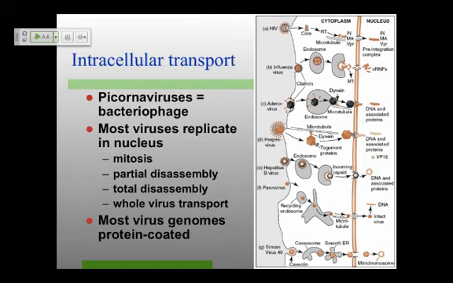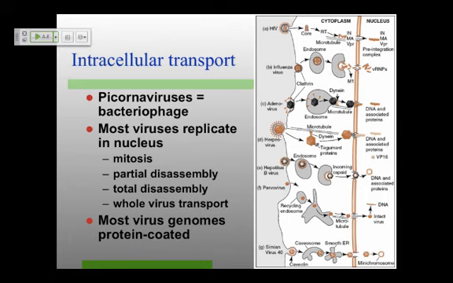There are lots of different ways that they can actually get in. One is, in the case of HIV, there are specific importing proteins that get them there. Influenza virus has a matrix protein that's important for getting things into the nucleus. In some cases, like adenovirus, there's specific transport. It uses the microtubule system to move the virus to the nucleus. The same thing is true of herpes viruses.